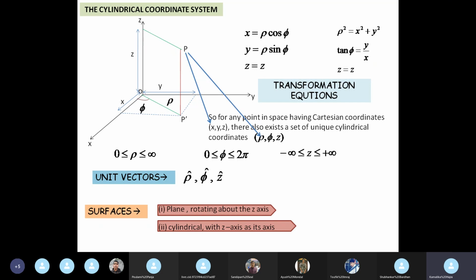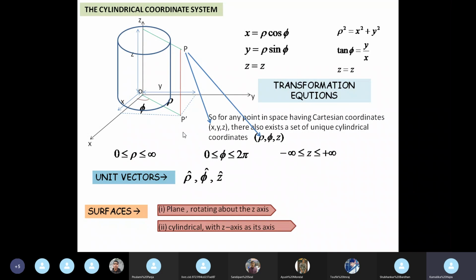The second surface, as I told you, is cylindrical. When only rho is fixed, neither phi nor z has been fixed, so it will be on the surface of a cylinder. And even if rho is also not fixed, then rho can be from 0 to infinity, so it will be a cylindrical surface whose radius continuously increases from 0 to infinity, okay.